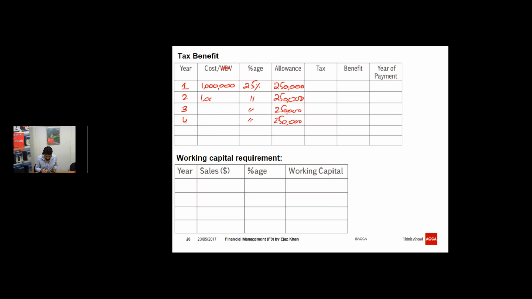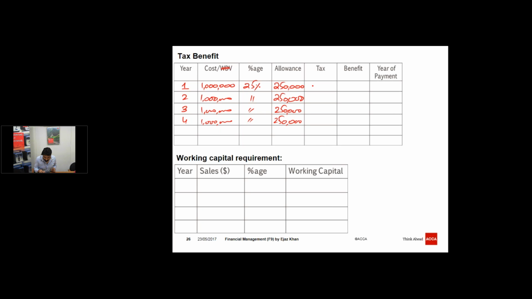So we'll take the cost figure for every year and we'll take 25% of it. So they will allow 250,000 to be deducted from our profit to get to the taxable profit figure.